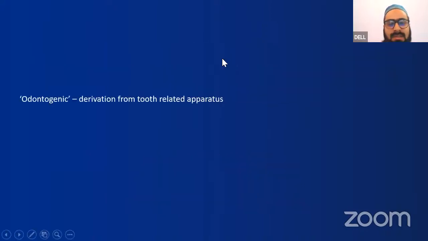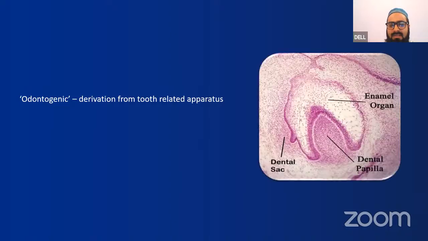To start with, beginning with the word odontogenic. As we know, ameloblastoma is an odontogenic benign tumor of the orofacial region. Odontogenic means that it's a derivative of the tooth-related apparatus, derived from the budding tooth germ. As we can see, the enamel organ forms the tooth, with the dental papilla and dental sac.